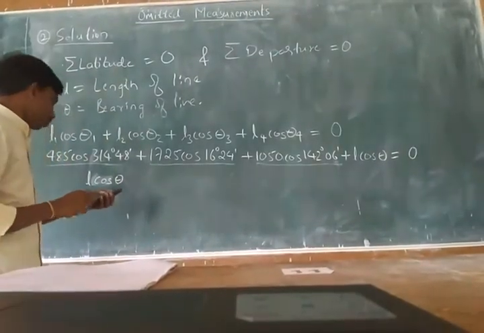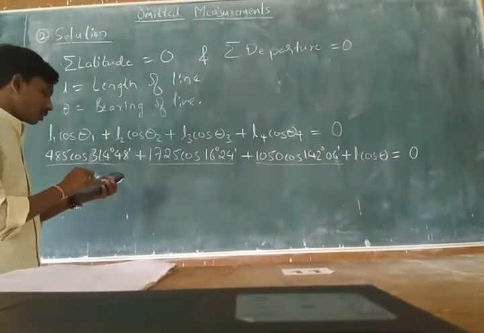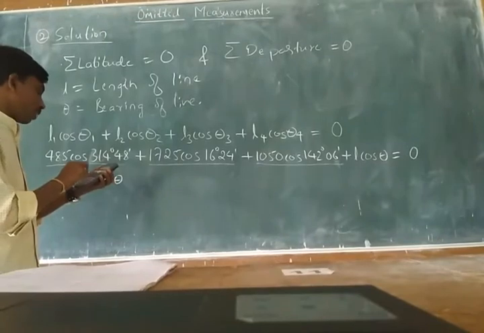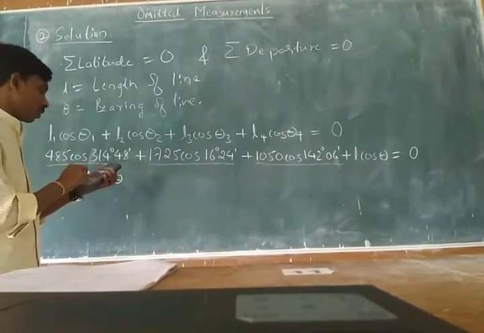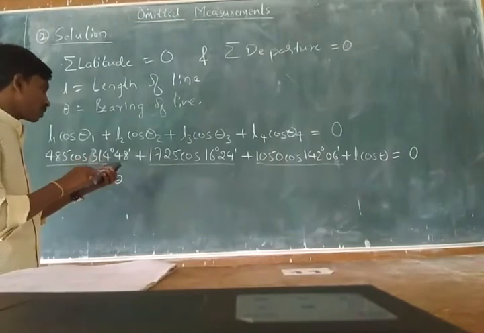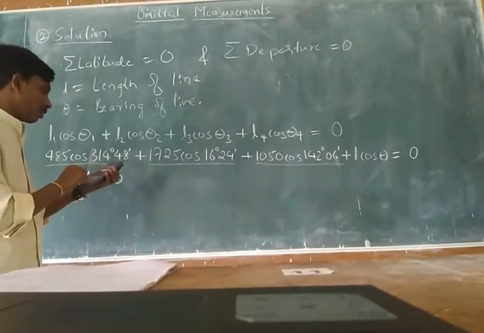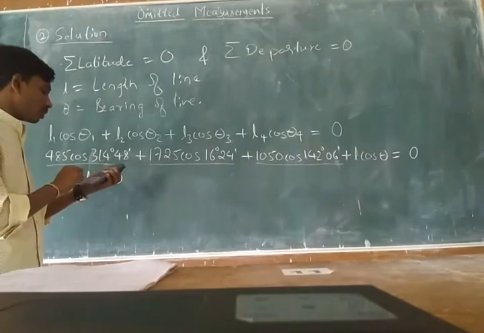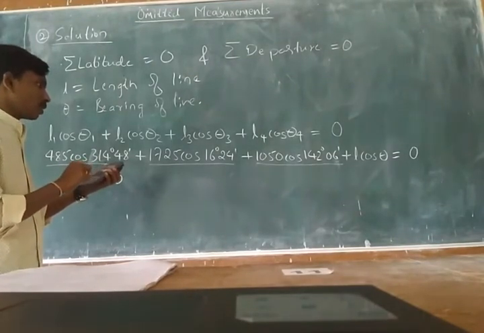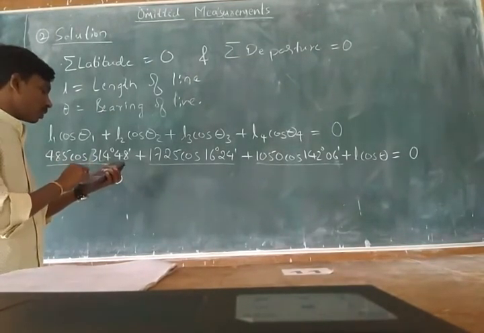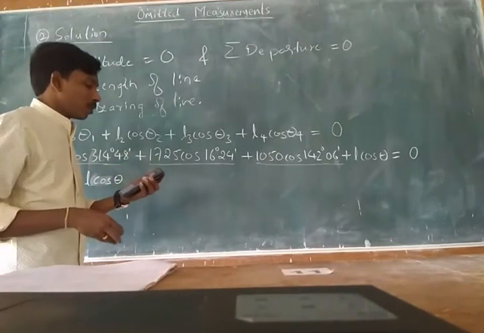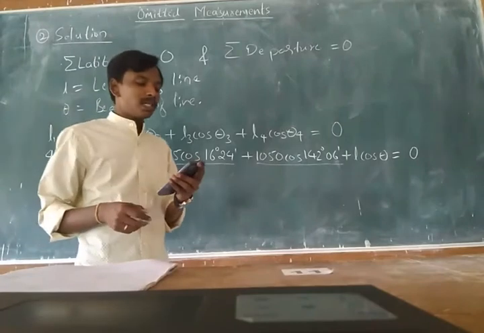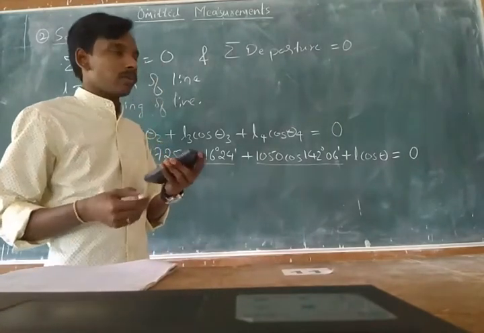I will calculate it now. 485 cos 314 degrees 48 minutes plus 1725 cos 16 degrees 24 minutes plus 1050 cos 142 degrees 06 minutes, and I am getting the value 1168.025.